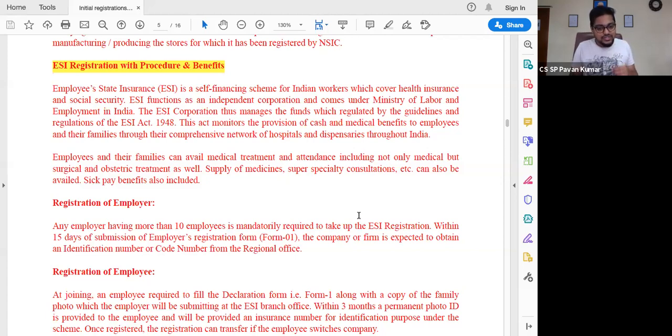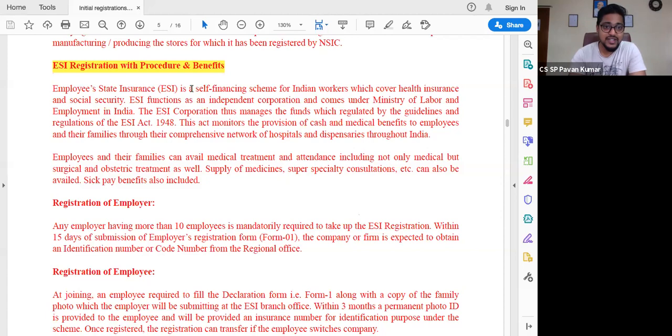This is a kind of social security, like your insurance coverage. If you suddenly meet with an accident or your health condition falls, you can use ESI to protect you. Okay, so this is the basic idea of what ESI is.